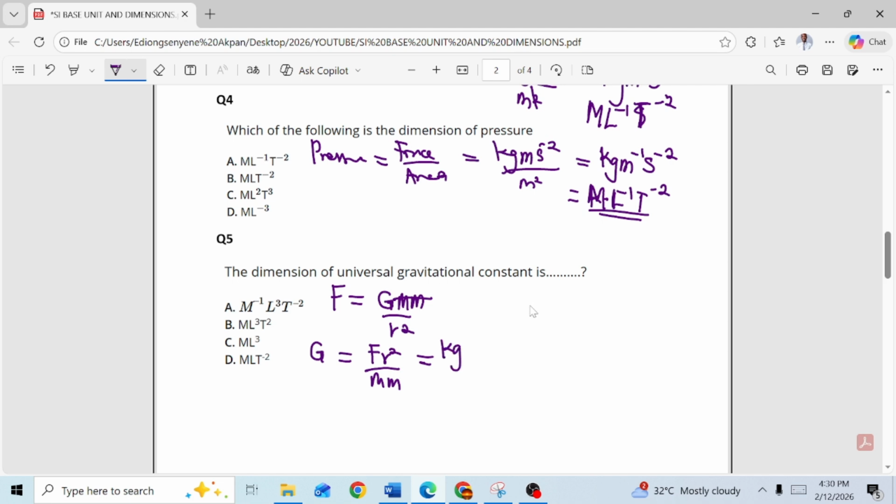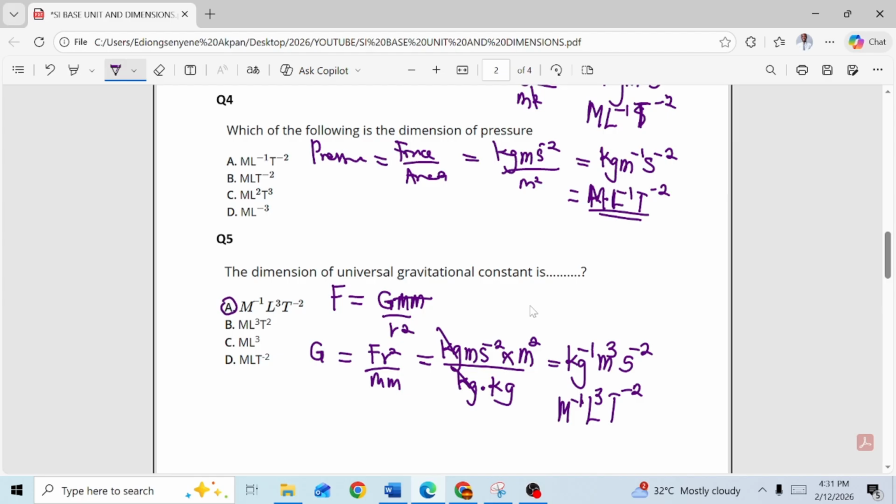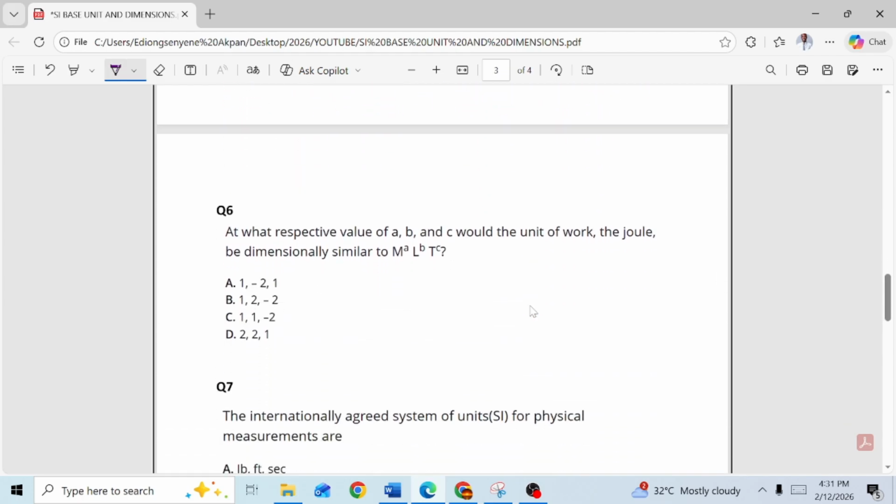So force is kilogram meter per second squared, distance is meter squared, divided by mass, kilogram times kilogram. 1 kilogram will cancel 1 kilogram. We combine it, the kilogram comes up to become minus 1, m comes together to become 3, and s comes together to become this. We have M minus 1, L 3, T minus 2. That is A.